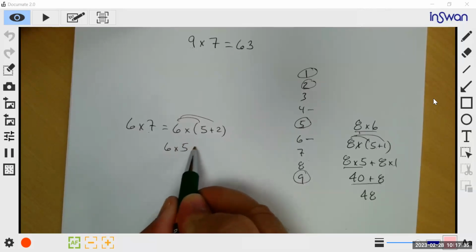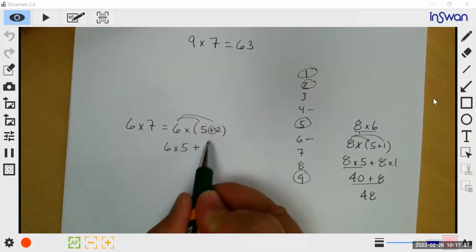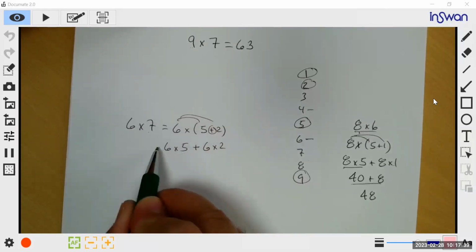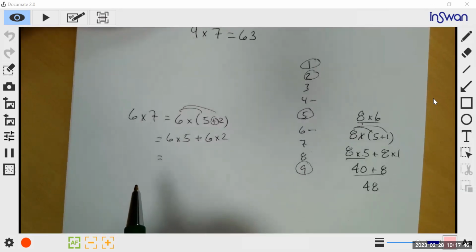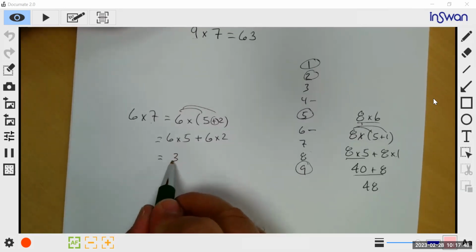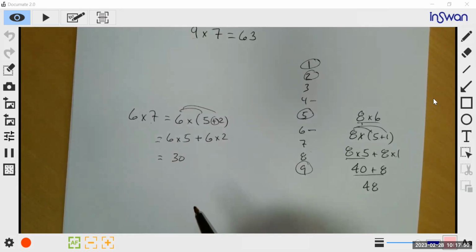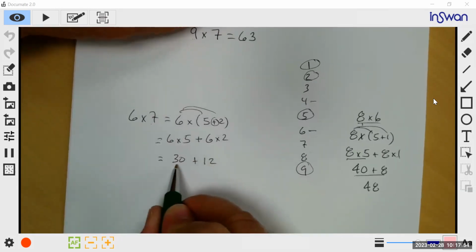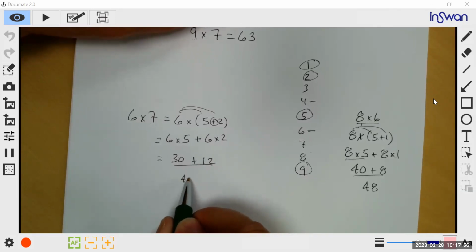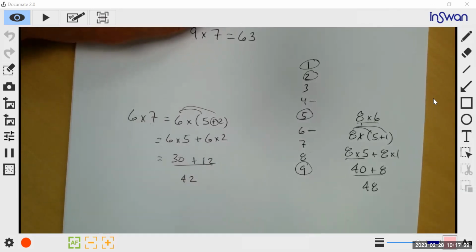So 6 times 5 plus 6 times 2. 6 times 5 is what? 5, 10, 15, 20, 25, 30. 6 times 2 is 12. 30 plus 12, 42.